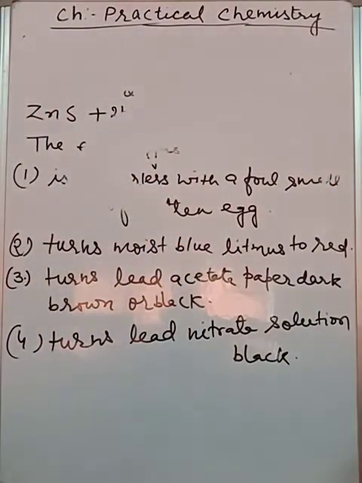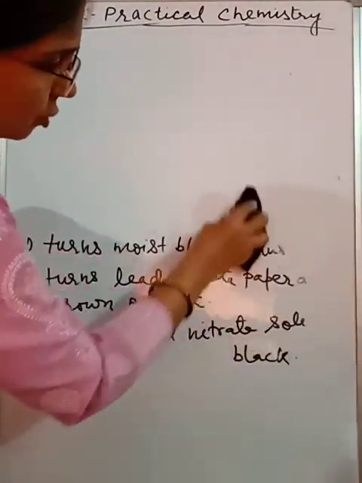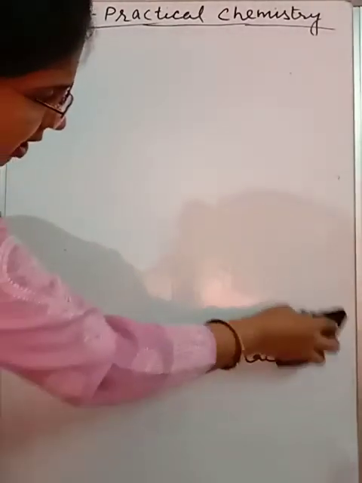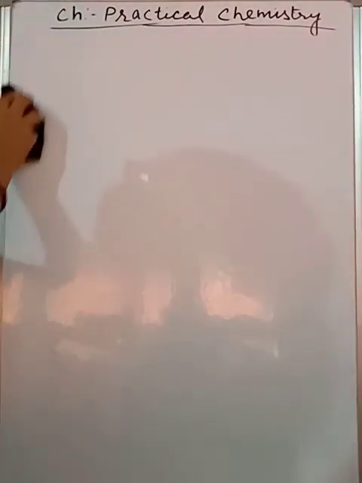HCl, as you know, is acidic in nature, and ammonia is of basic nature. So this is the point of difference. One property in these two is common. So children, we will discuss ammonia and HCl together. I am going to explain it in the next video.